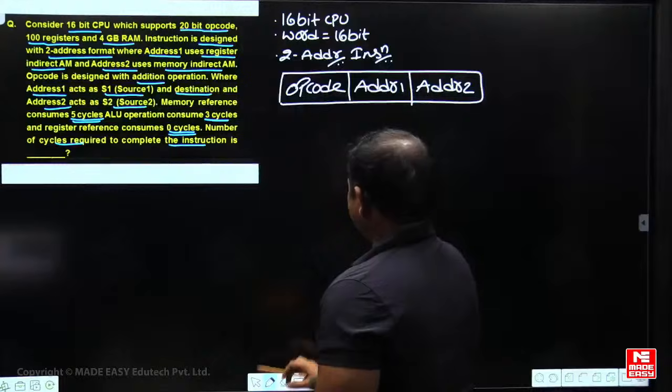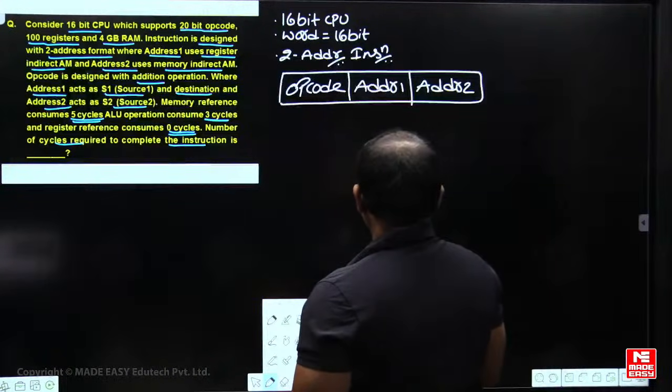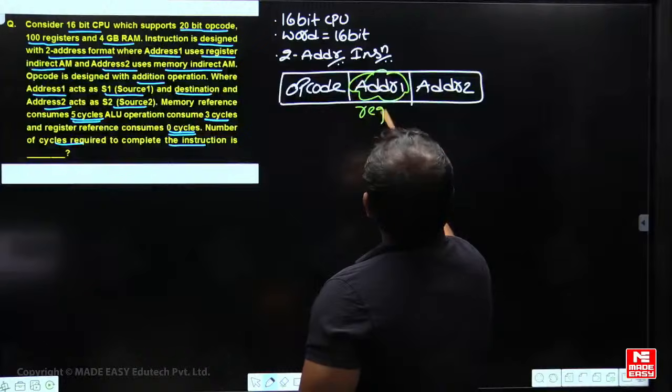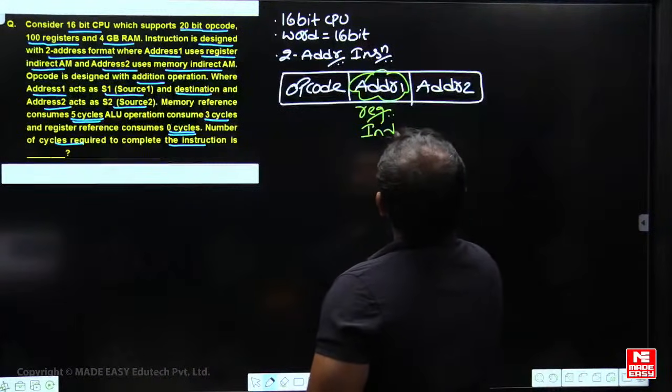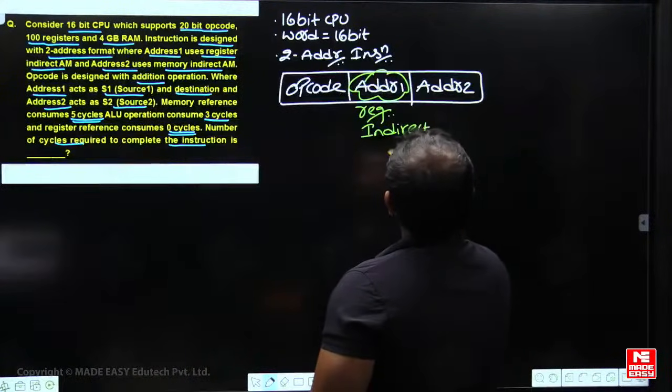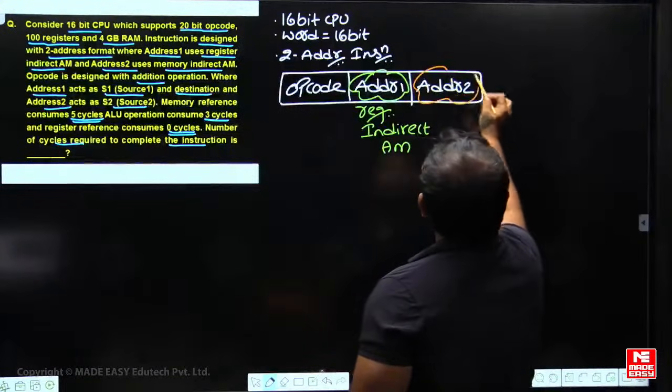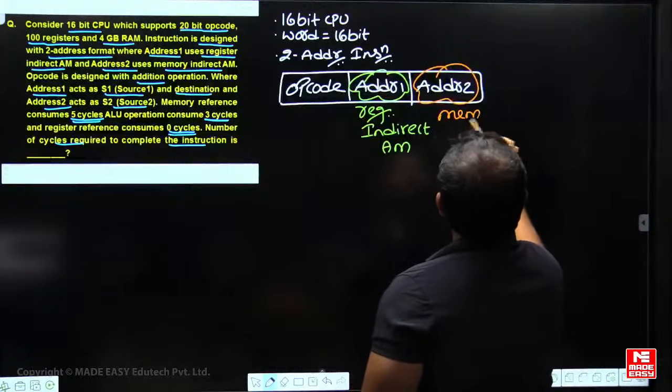Address 1 uses register indirect addressing. Address 2 uses memory indirect addressing.